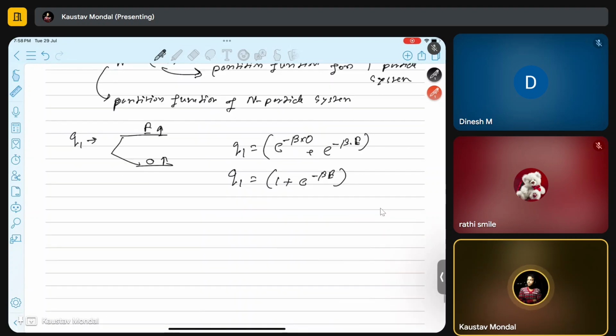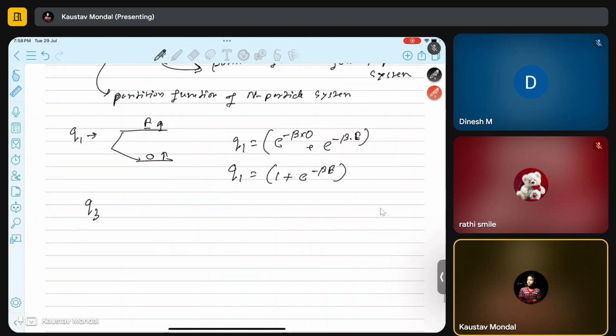Now from Q1 you can calculate Q3. Q3 is the three particle partition function, that is simply Q1 to the power n.